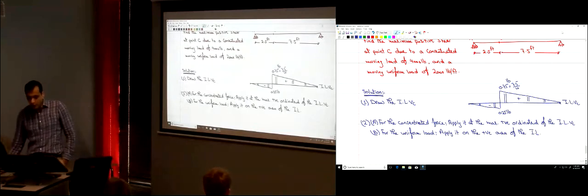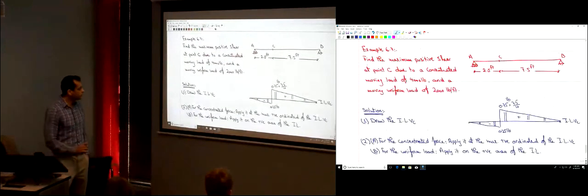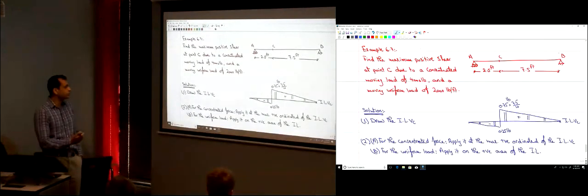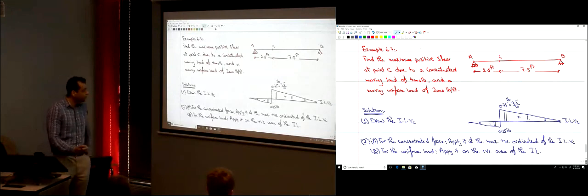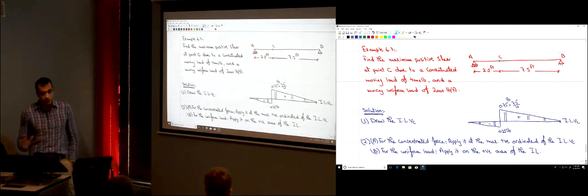So now we know the first answer for this question. We were given the loads, and we were required to find the maximum positive shear due to those loads. The first thing that we didn't know was where the loads are.